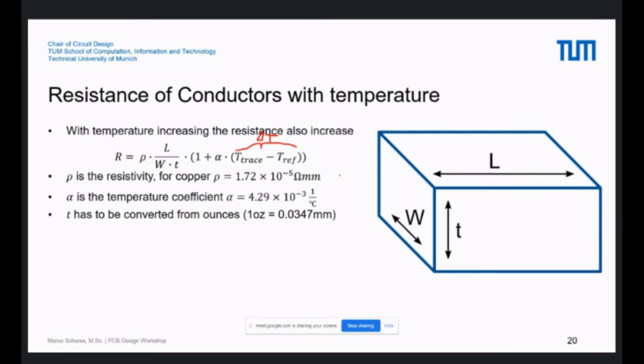The traces then also heated up my inductor. And then at the end, I had no DC to DC converter. I had a DC to smoke converter. So my inductor was smoking. This is very interesting, but not too good for your DC-DC converter. So take care about the temperature.